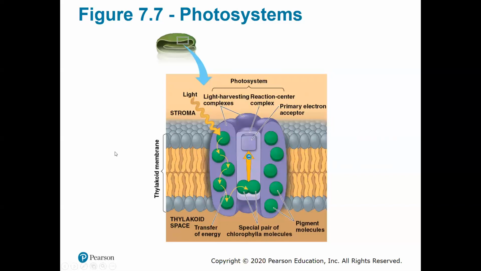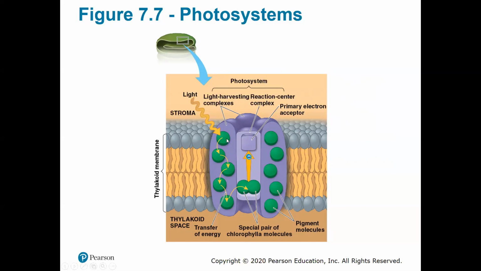So here is a more accurate diagram of a photosystem. It's showing you that in the photosystem, light energy will come in and it will hit a pigment. Each one of these green discs represents pigment molecules.